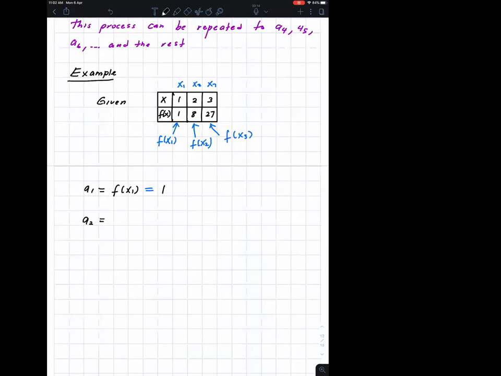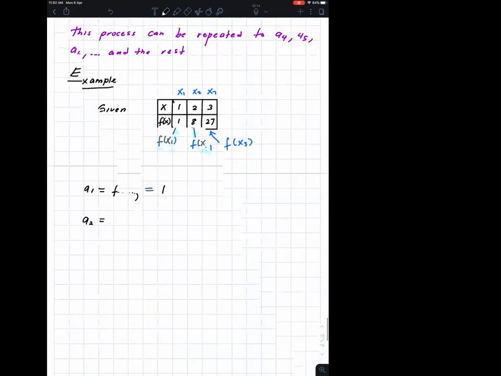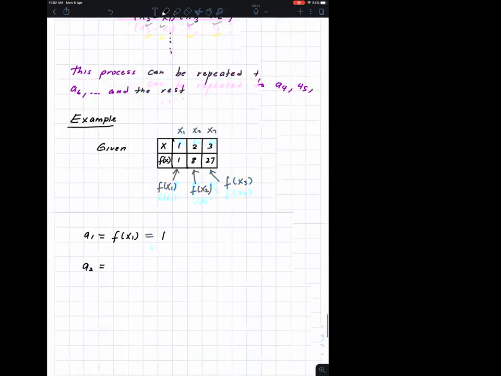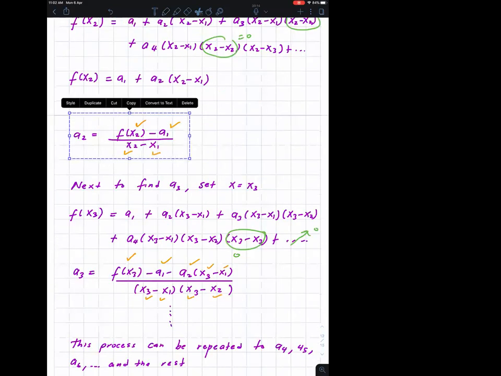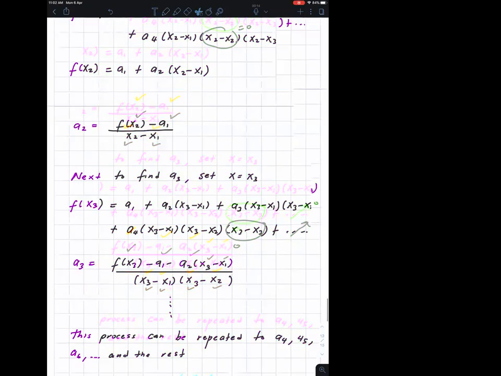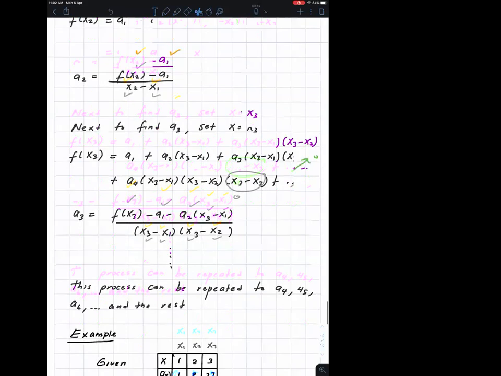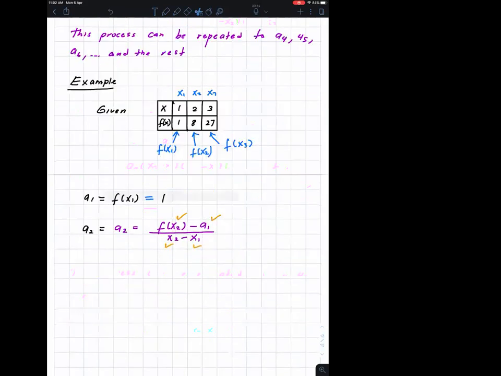A2, go ahead and use this formula. Since you guys know I'm lazy, I usually just copy and paste. Maybe you should get an iPad, that way you don't have to write very much.